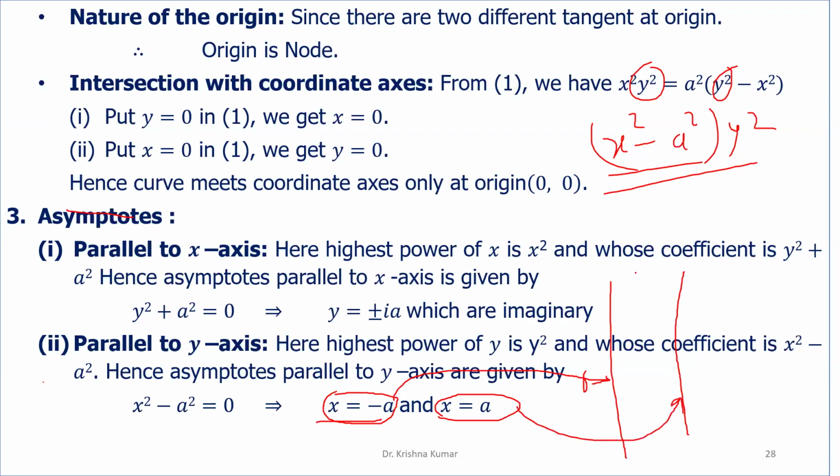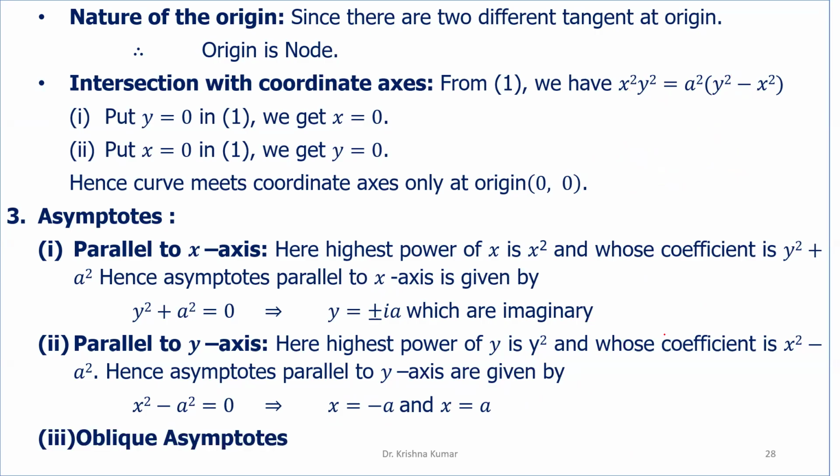So the whole curve lies between x equal to minus a and x equal to plus a. In this strip the curve will lie only. Okay, let us go ahead and check for oblique asymptotes. There are no oblique asymptotes because we have the parallel asymptotes.